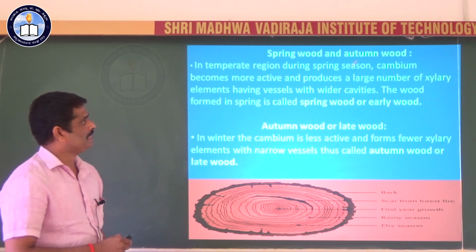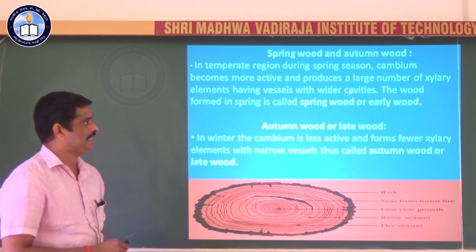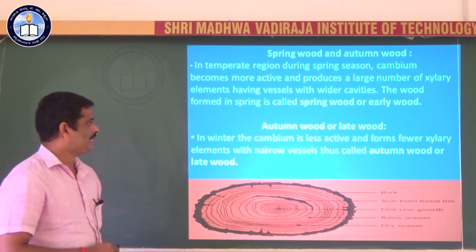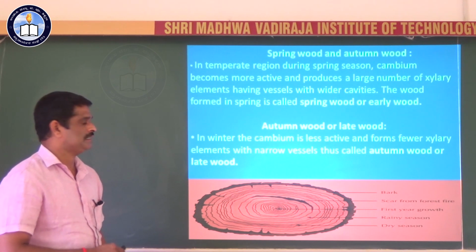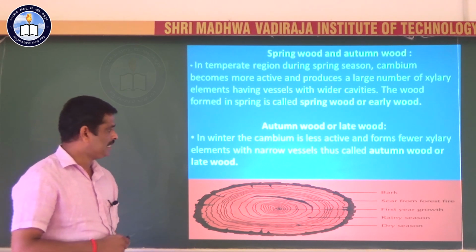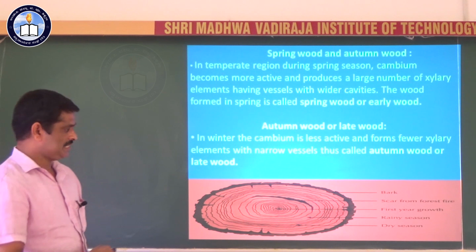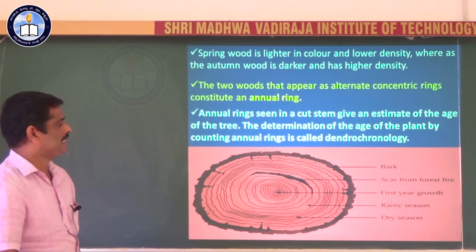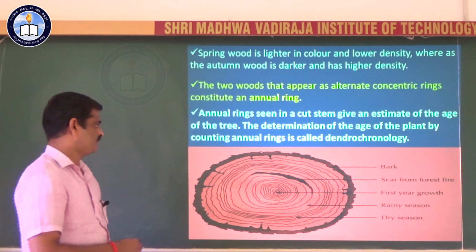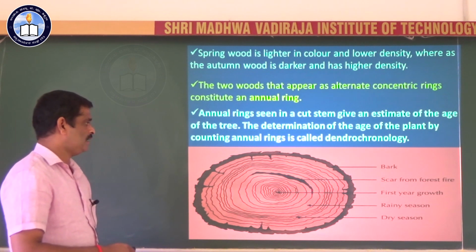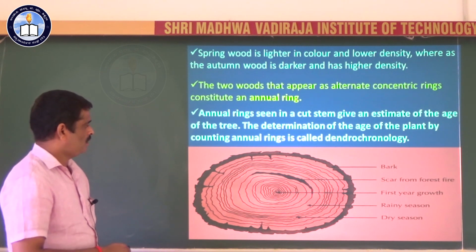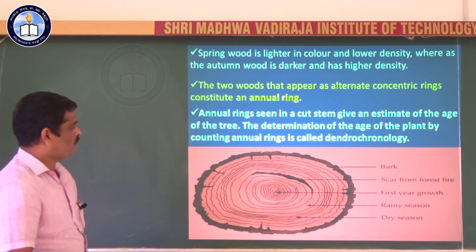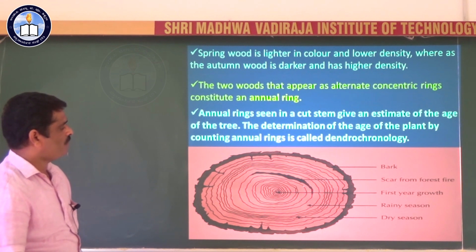This spring wood is lighter in color and has lighter density, whereas autumn wood is darker in color and has higher density. This spring wood and autumn wood appear as concentric rings. Spring wood alternates with the autumn wood and forms alternate concentric rings.